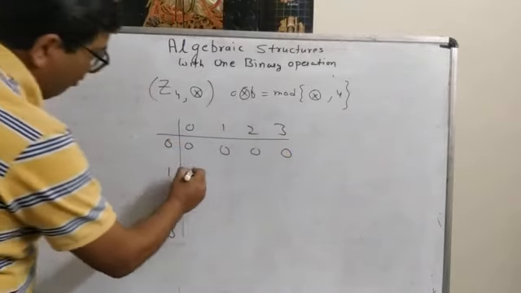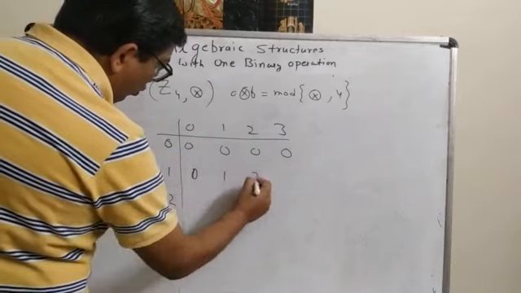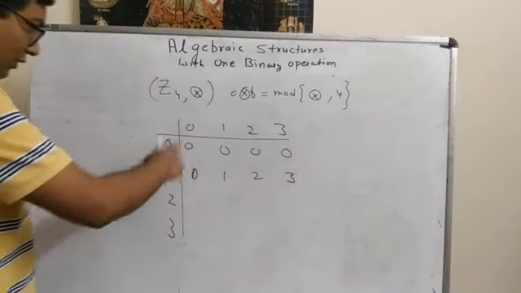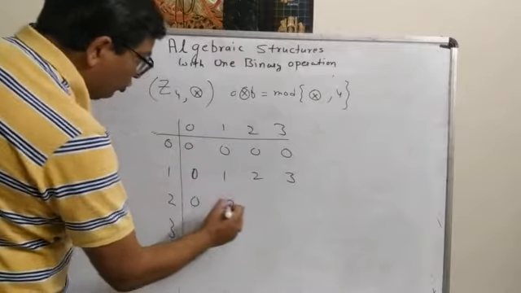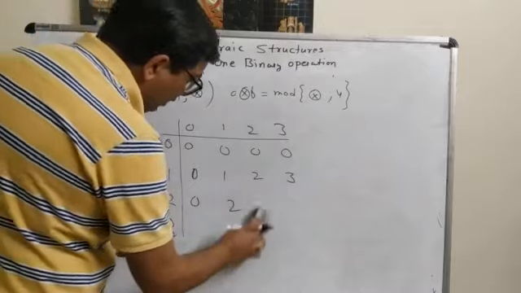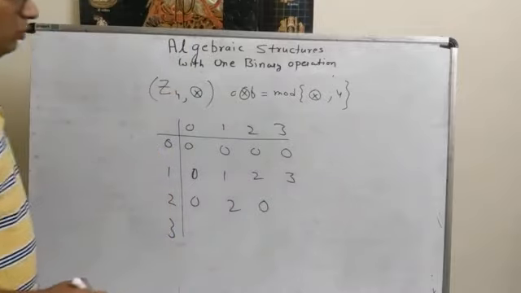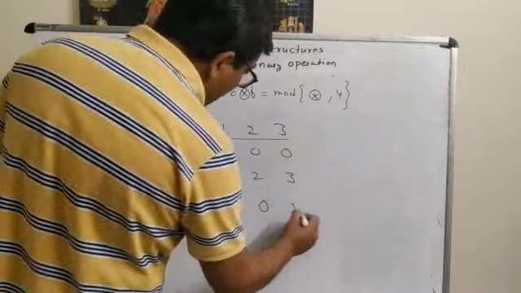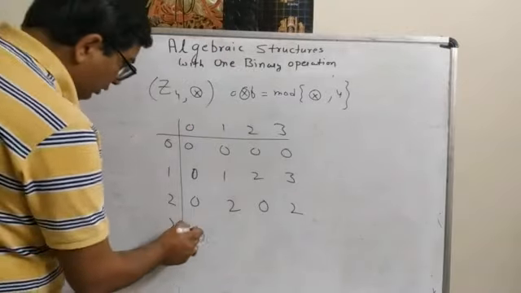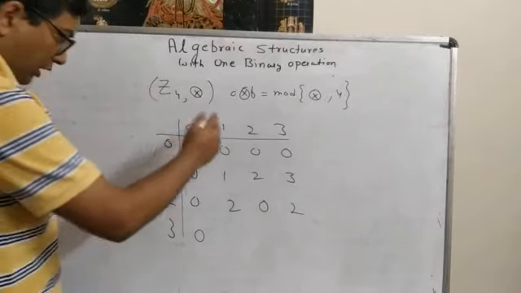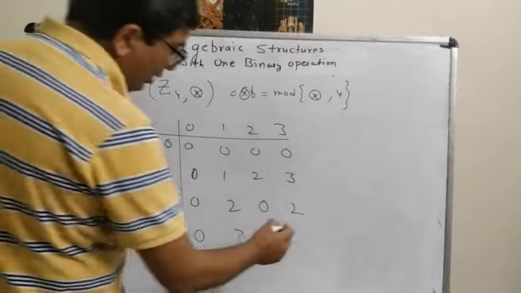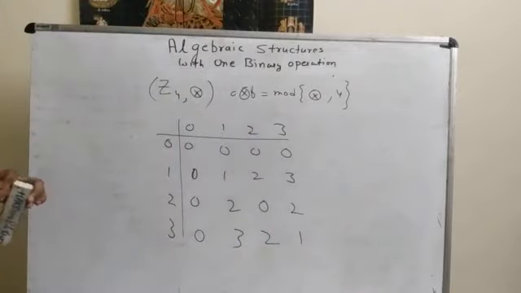When multiplied by 1, it is 0, 1, 2, 3. Then with 2, it is 0, 2, 4, and at the place of 4 we get 0, then 6, and for 6 we get remainder 2. Similarly for 3: 0, 3 into 1 is 3, 3 into 2 is 6 with remainder 2, 3 into 3 is 9, and the remainder of 9 is 1.